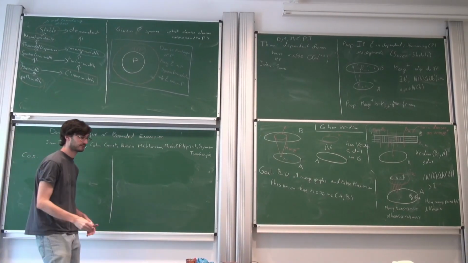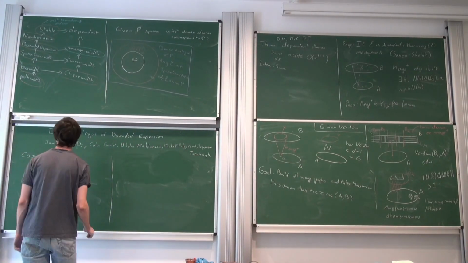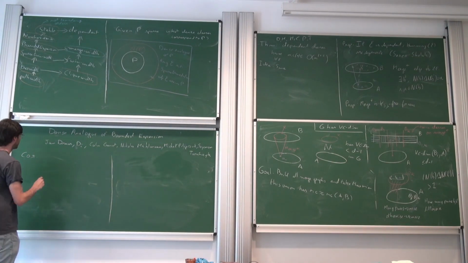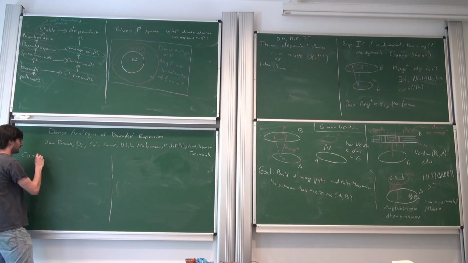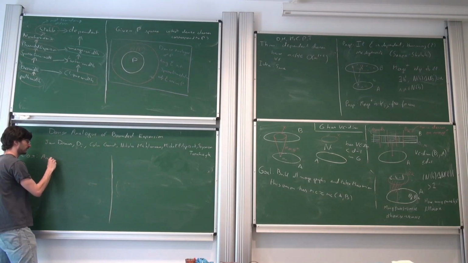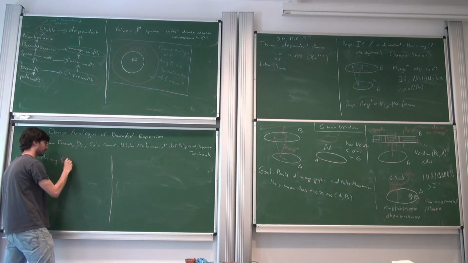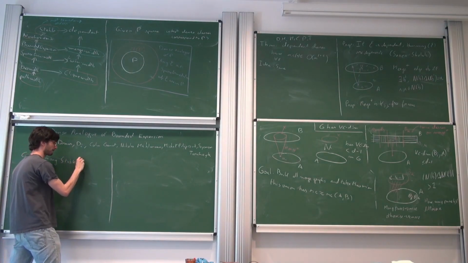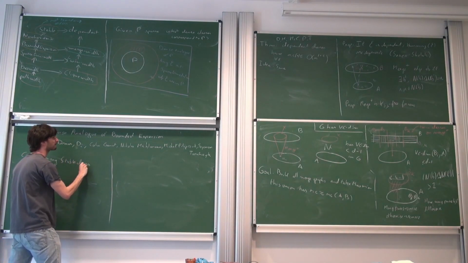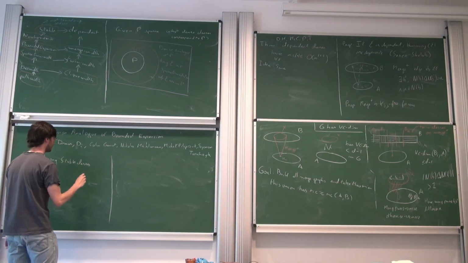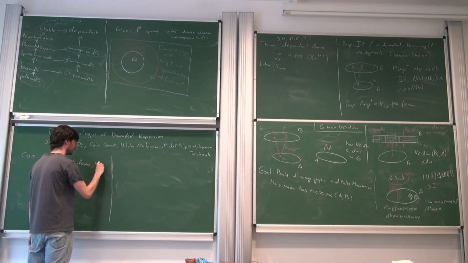So the first corollary is that among sparse classes, among stable classes, sorry, I removed it. The Caesar conjecture holds.